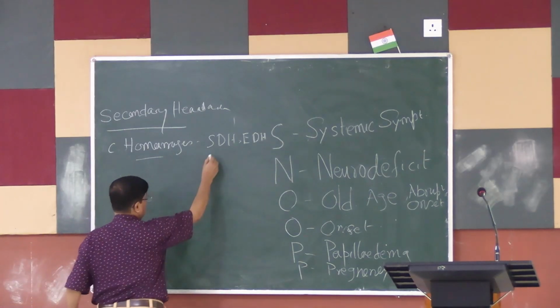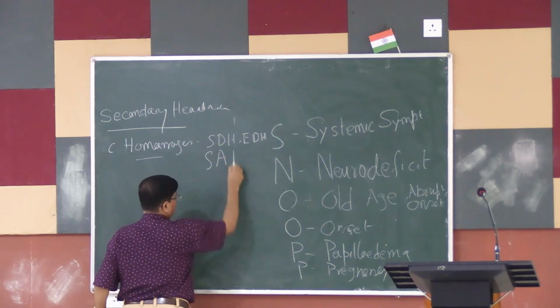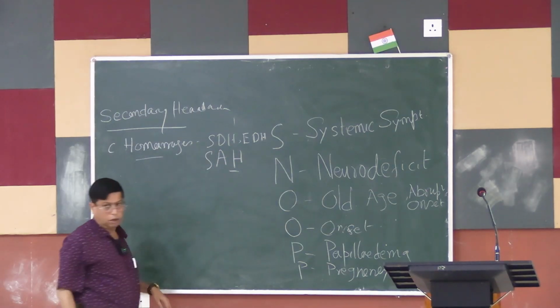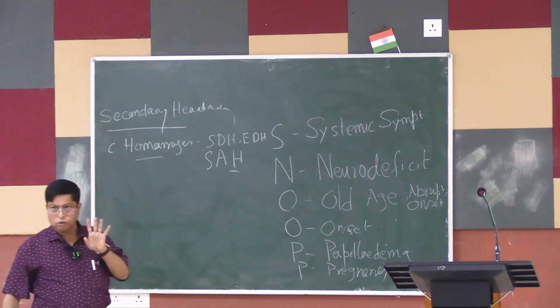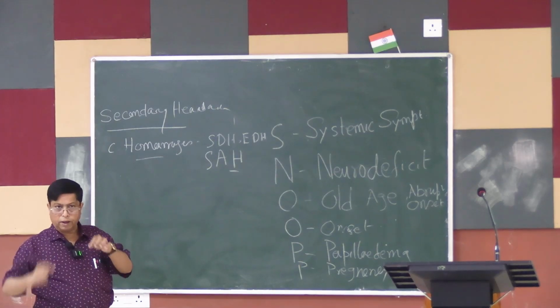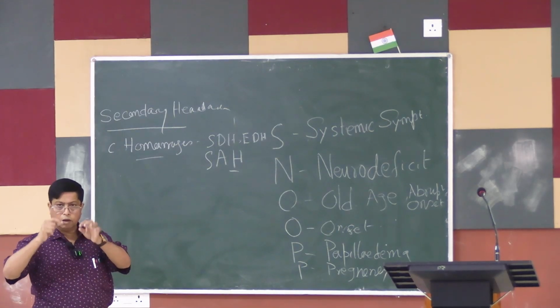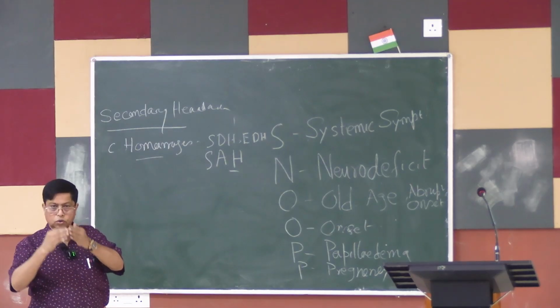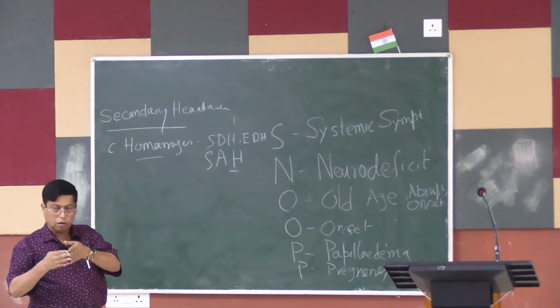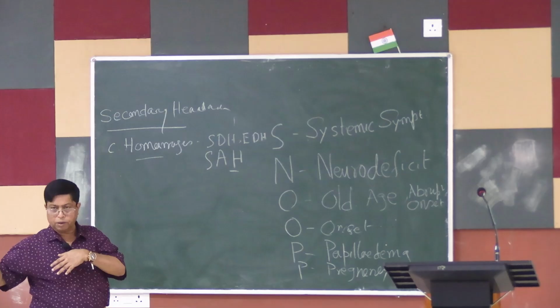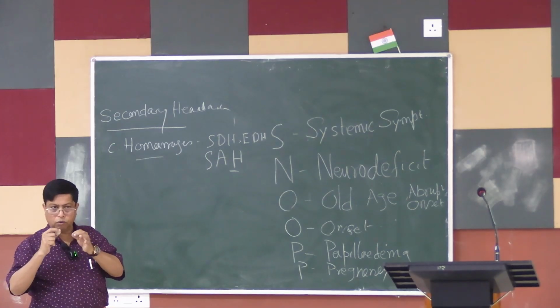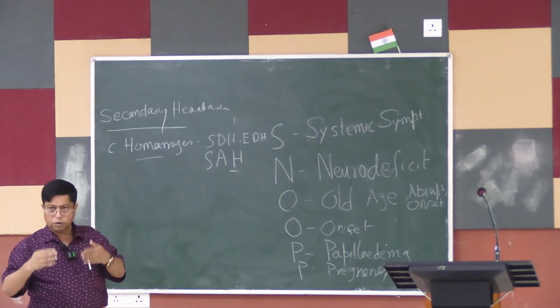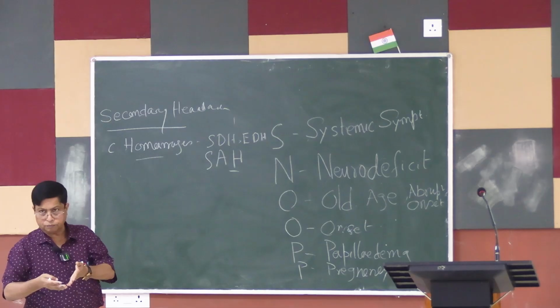But another hemorrhage is the subarachnoid hemorrhage, which is not related to trauma usually. It is related to hypertension and aneurysmal formation in the layer between arachnoid and pia. So the whole blood goes to the CSF. Usually there is a malignant hypertension, or there is an aneurysm of the vessels, and that ruptures and the blood goes to the CSF.